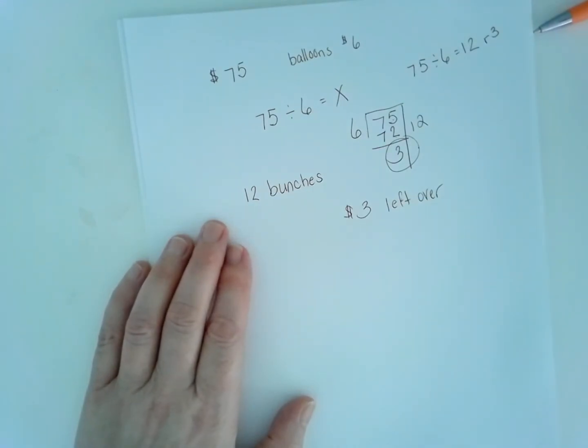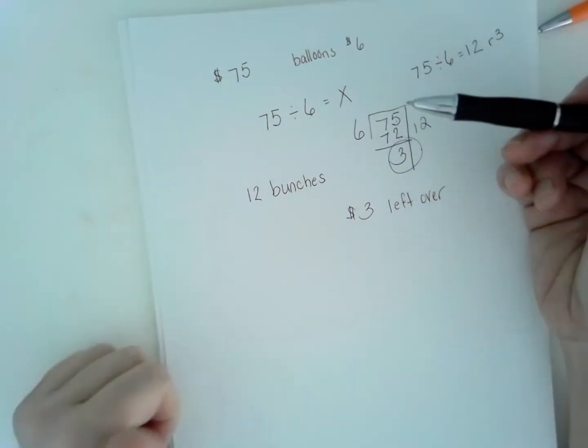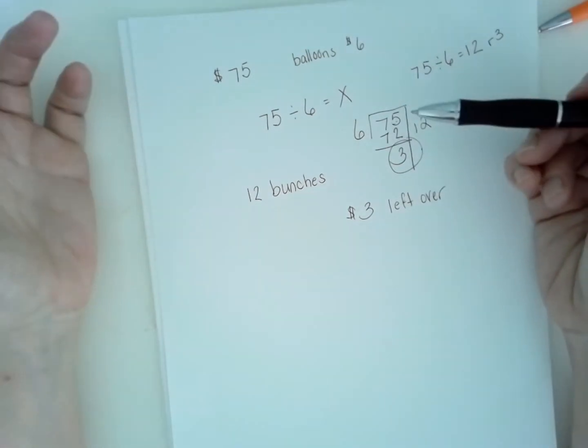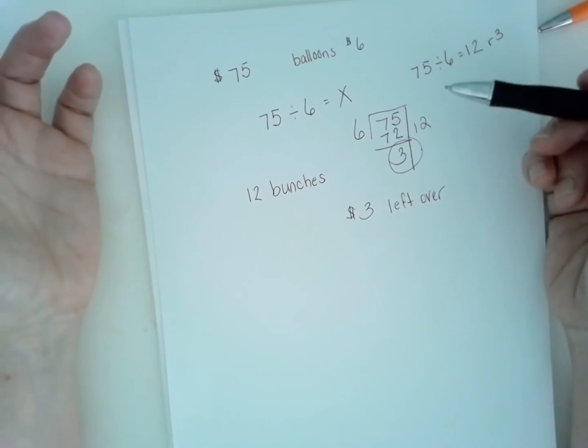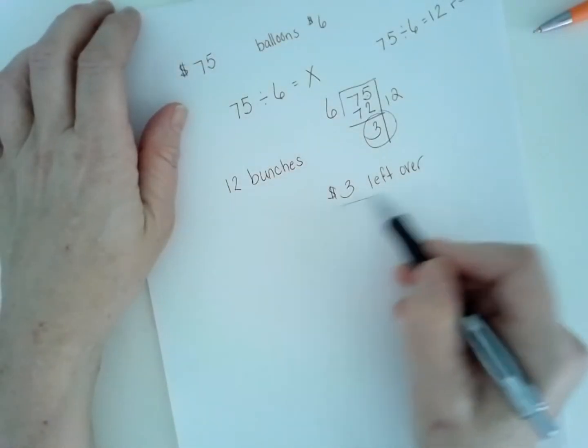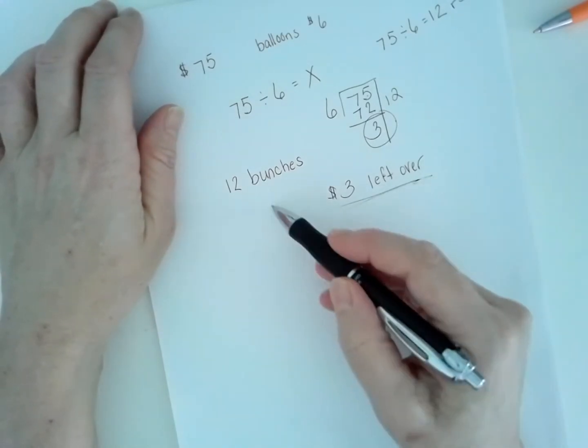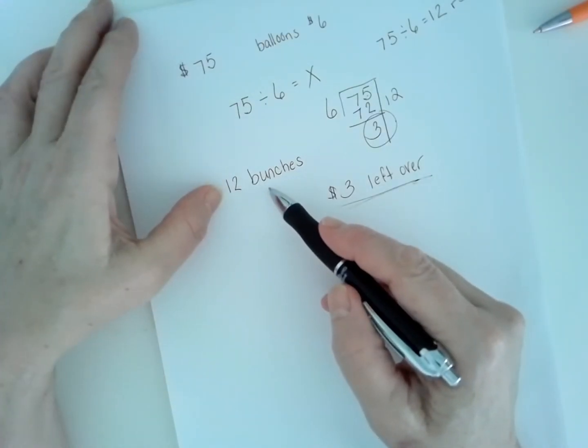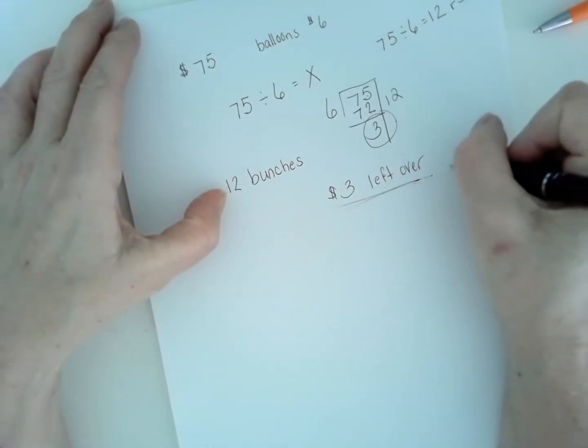So, what did we do with the remainder? Did we ignore it? Did we report it as a fraction? Or did we round up? And why? Well, we have $3 left over, that's our remainder, but we didn't include it in our answer. We ignored it.